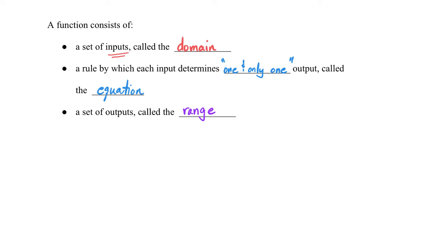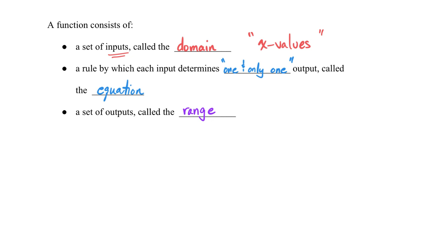And those inputs are called the domain. In grade 9, you were introduced to the term domain, and we remember that those are our inputs, and generally, for a generic relation, those inputs are our x values. So you pick your x, your independent, and you sub it into your function.